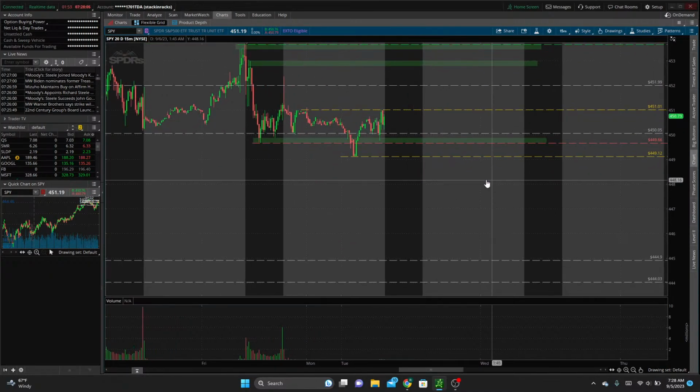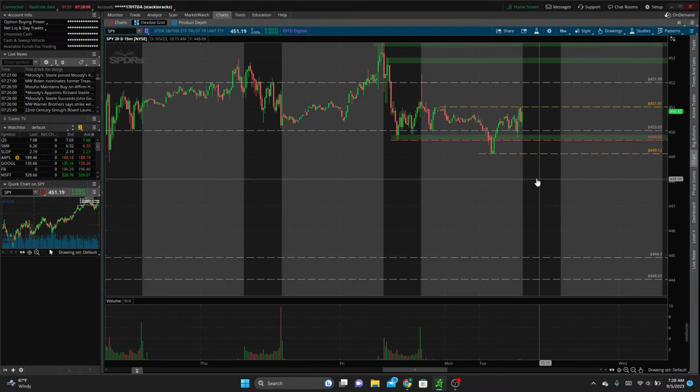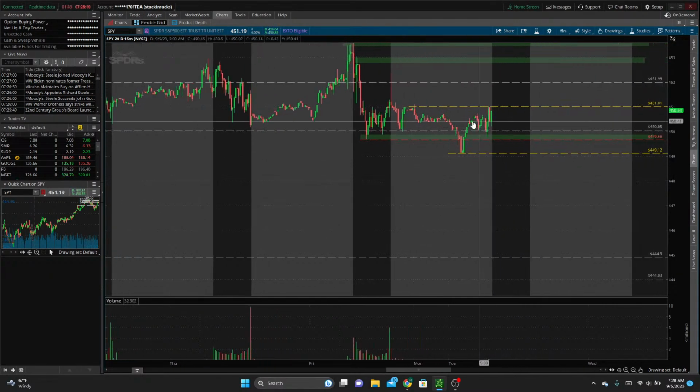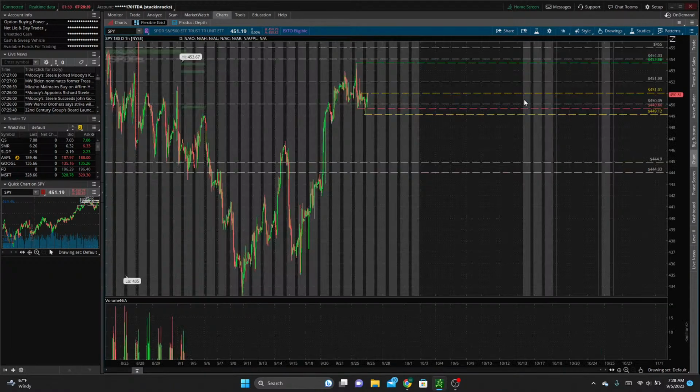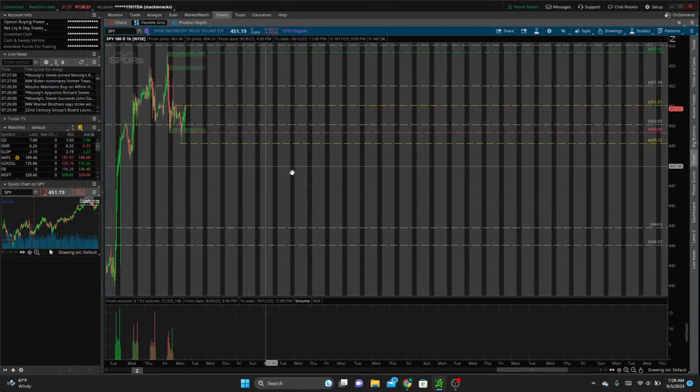All right. So what are we looking at here? What we're looking at is that we have this 450, 449 zone. If we zoom out, you can tell that we're holding it pretty well.